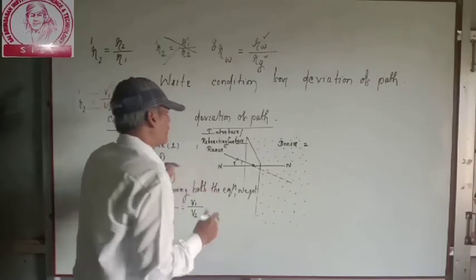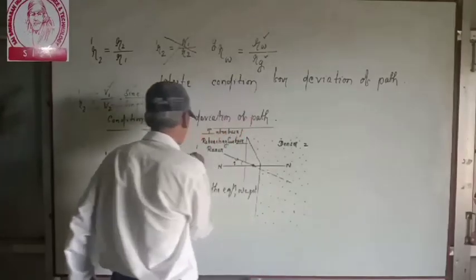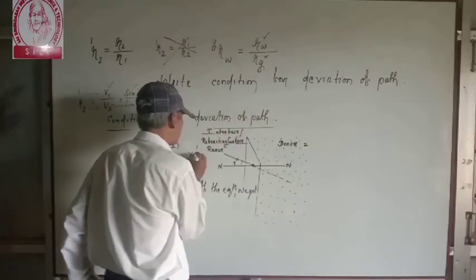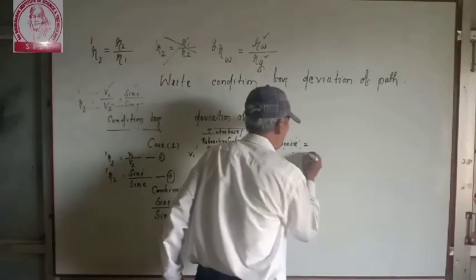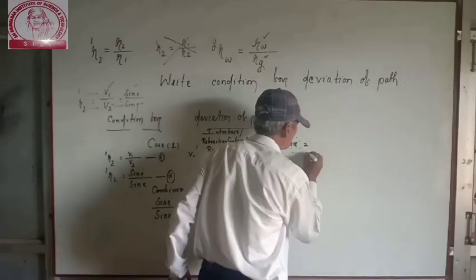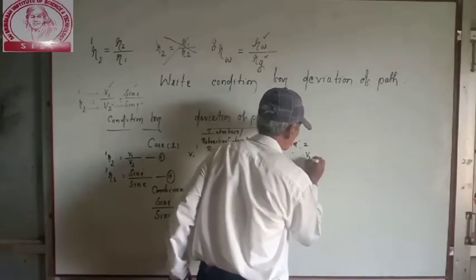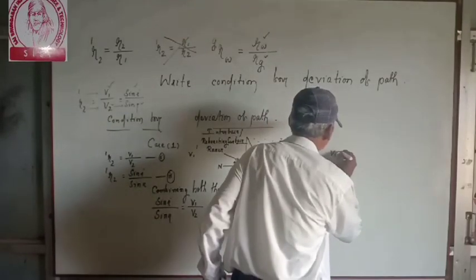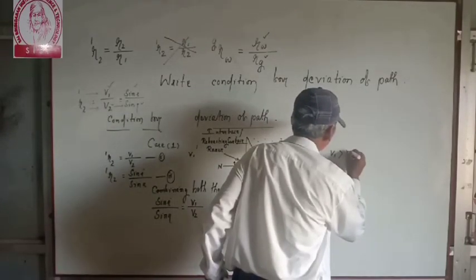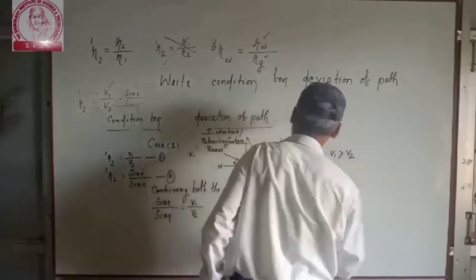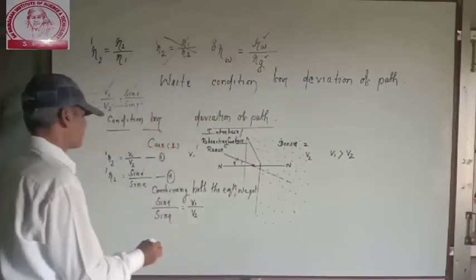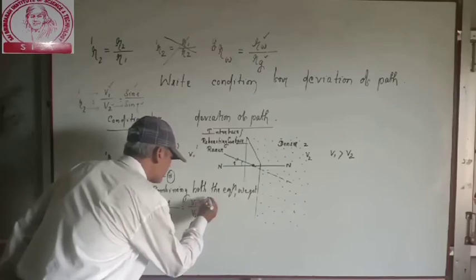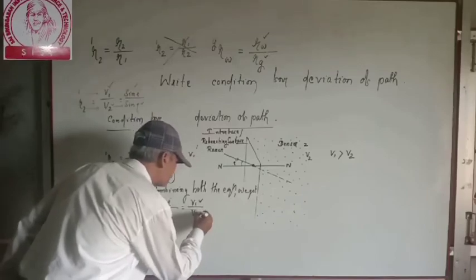So V1, the velocity of light in first medium, and V2, the velocity of light in second medium, and V1 is greater than V2.